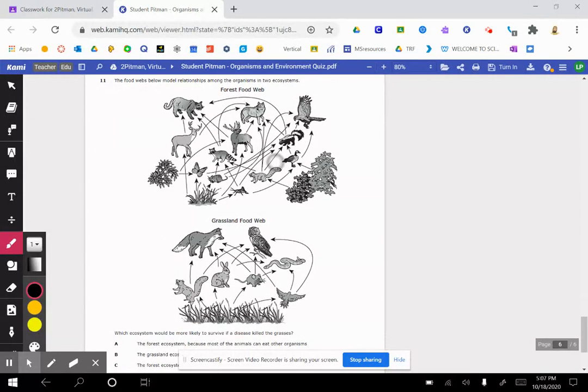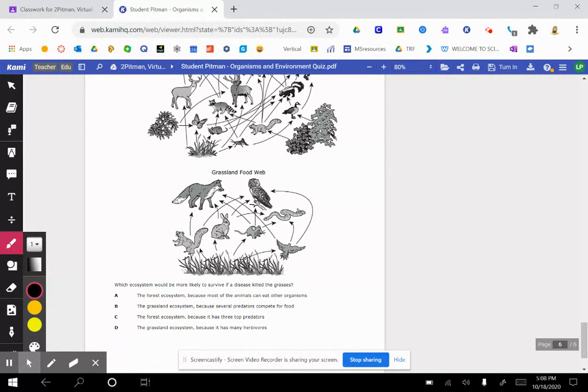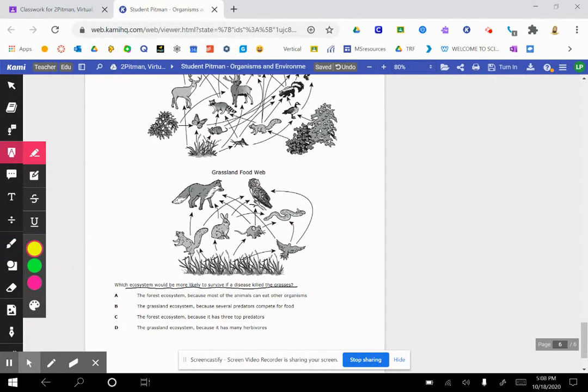Okay, our last one. The food webs below model relationships among the organisms in two ecosystems. Which ecosystem would be more likely to survive if a disease killed all the grasses? Okay, well, which ecosystem would be more likely to survive if disease killed the grasses?